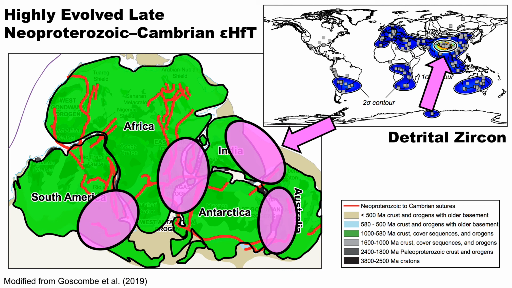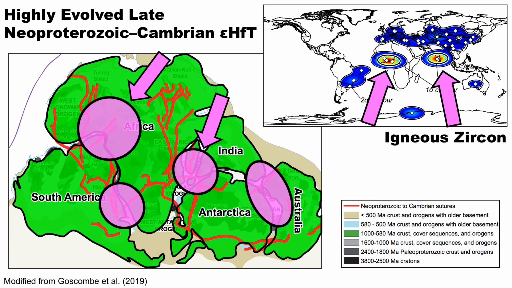The major pulse involved with India and peri-Gondwanan terranes. And similarly for the igneous zircon record, these highly evolved hafnium values are only associated with Gondwana-related land masses, with major pulses of data found in West Africa and at the southern tip of India.